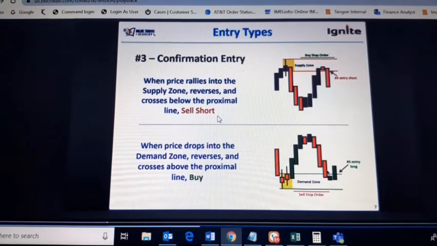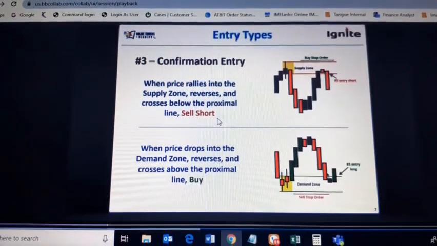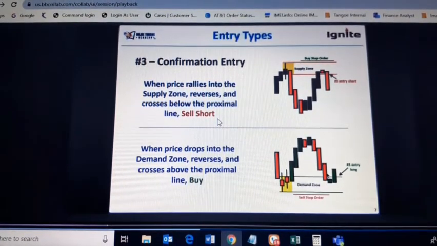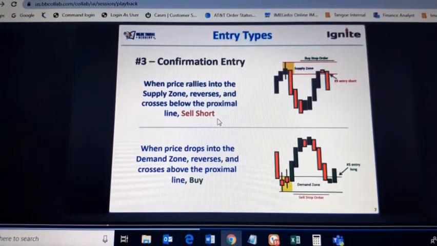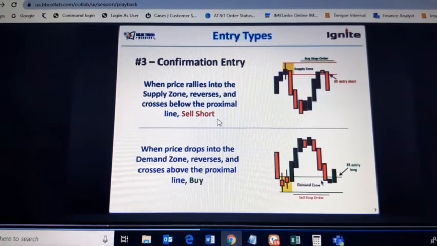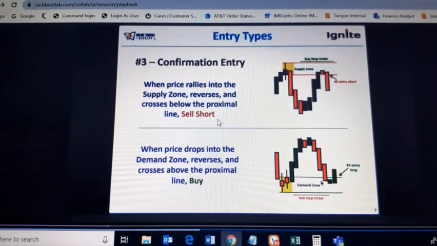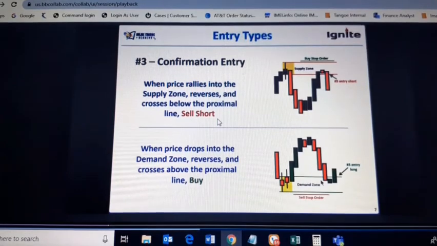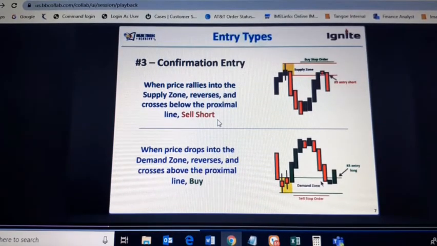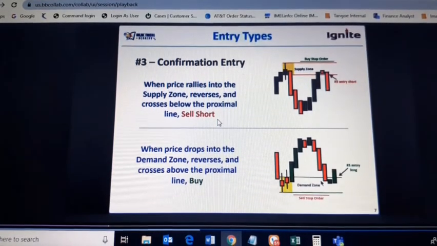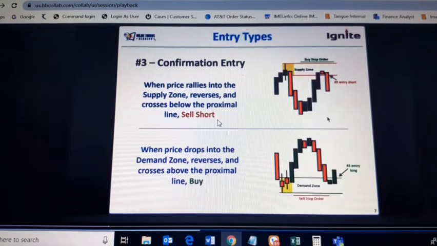You have to be glued to the PC to take such types of entry, the confirmation entry. It's very simple. What is confusing you? See, you can create an alert, but the price might go up in a flash.